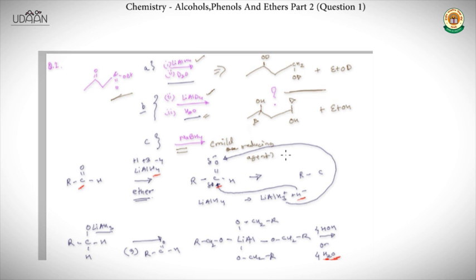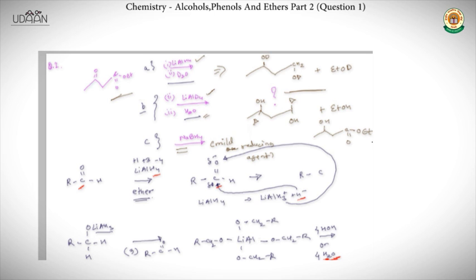So it will only reduce the carbonyl group, not the ester group. Hence, it will form this, so this is what our final answer is. The ester group would remain intact in this case because NaBH4 is a mild reducing agent.